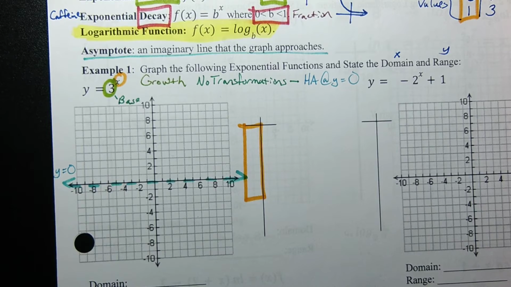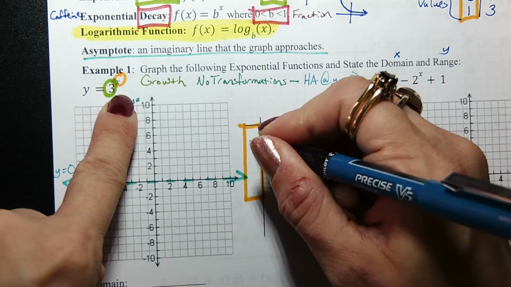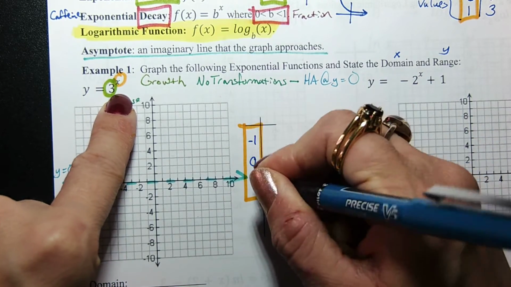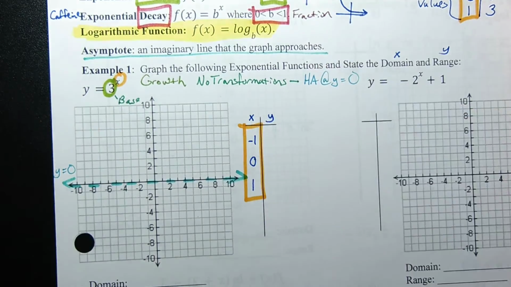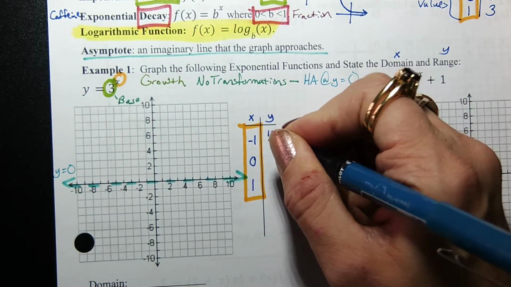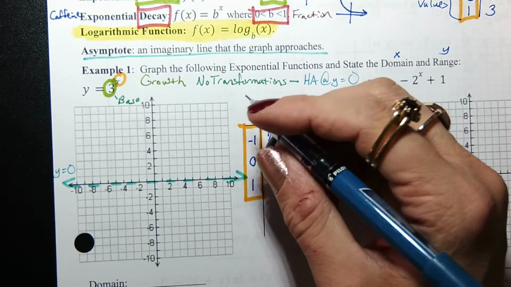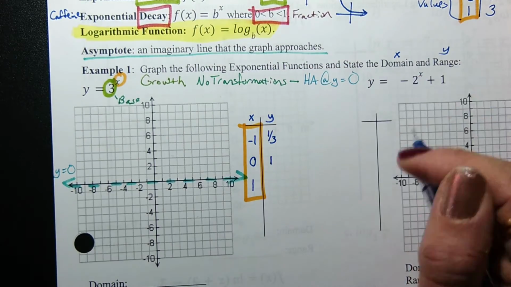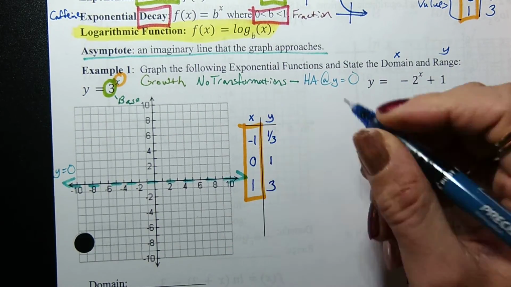Now, since there are no transformations here, we can just straight up plug in -1, 0, and 1 for x to get our corresponding y values. So what's 3 to the -1? 1 over 3 or 1/3. 3 to the 0 is 1. And 3 to the first is 3.